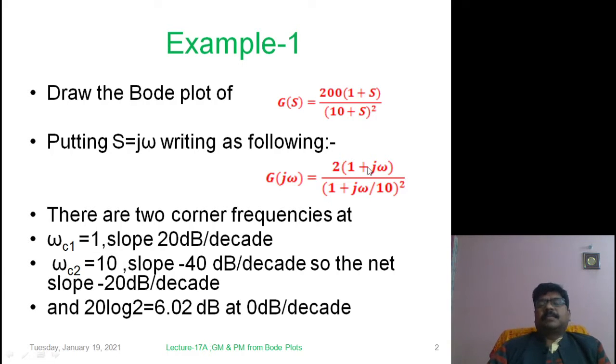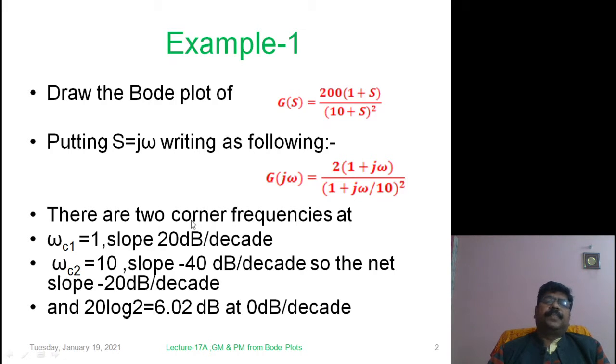So looking at this transfer function, there are two corner frequencies. First corner frequency is at j omega by 1, that is 1 radian per second, while the second corner frequency is j omega by 10, that is 10 radian per second. While this part is a constant gain K, we can say it is 2.